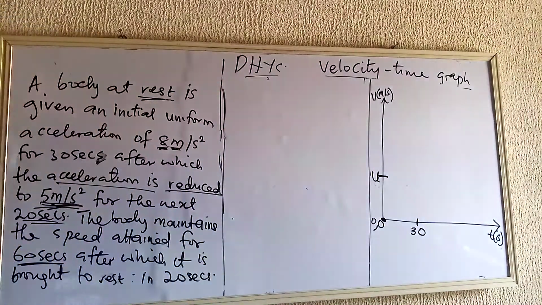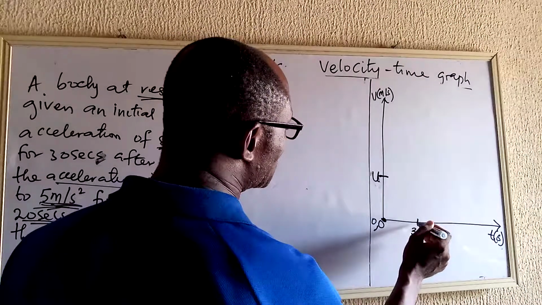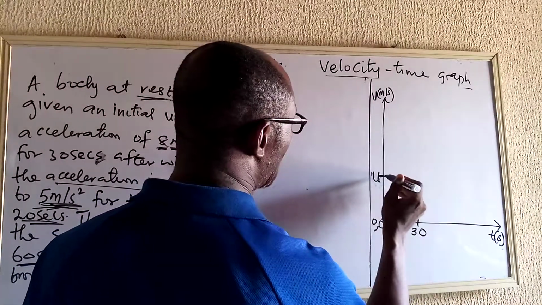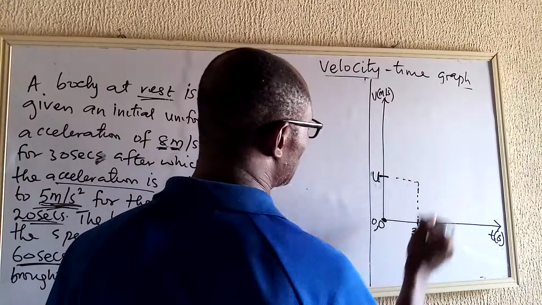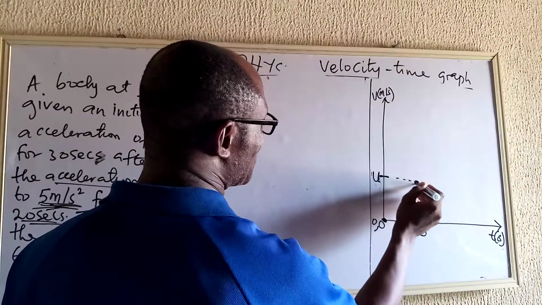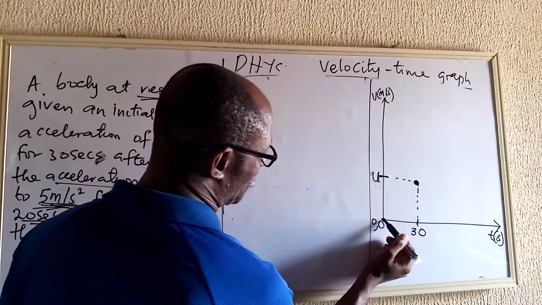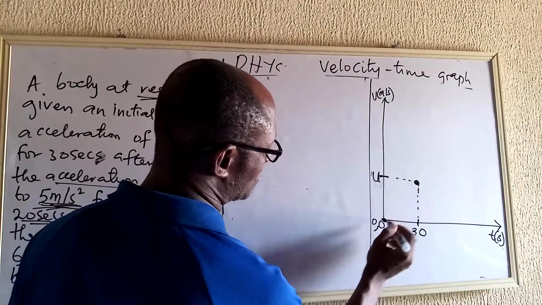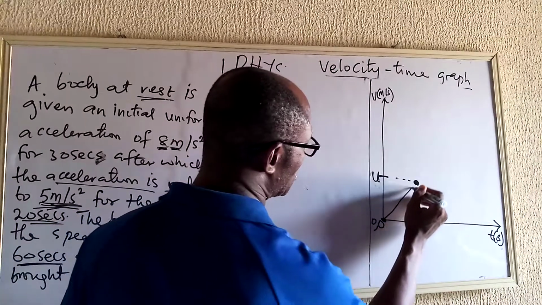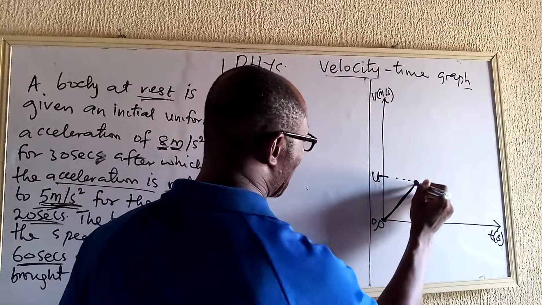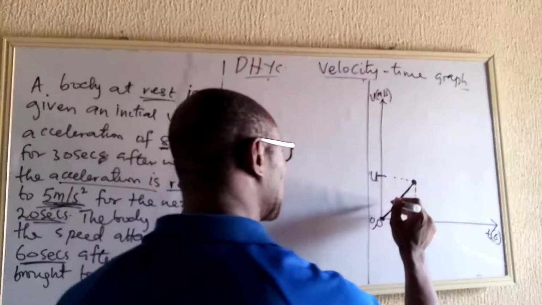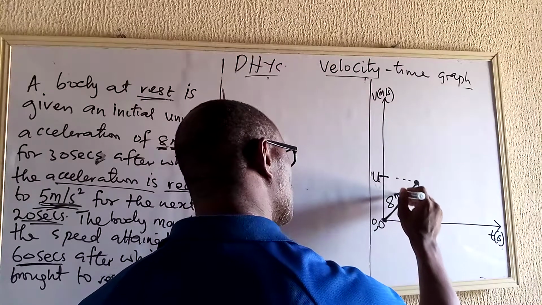Now, having done this, I will trace this 30 up and this U horizontally. Wherever they meet is the new position of the body. So the body starts from here and is here now.